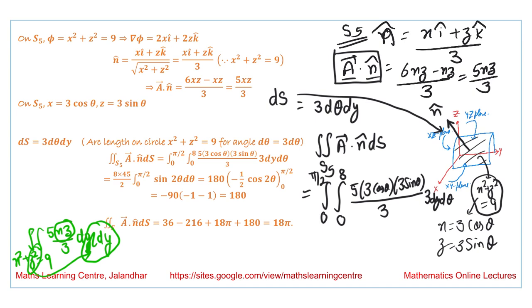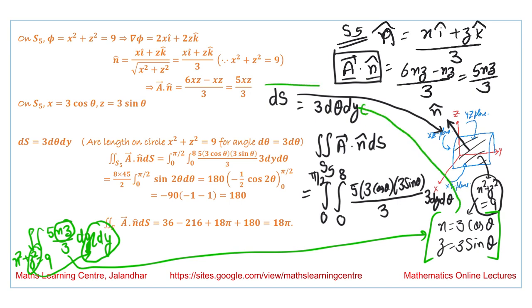So to solve this integral, we have made the substitution x is equal to 3 cos theta, z is equal to 3 sin theta, and from this we have obtained the value of ds, which is equal to 3 d theta dy. So if we write the value of the ds vector, it is x i cap plus z k cap by 3, this is the direction, and then 3 times d theta dy.